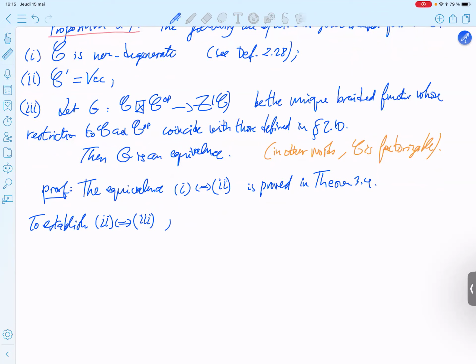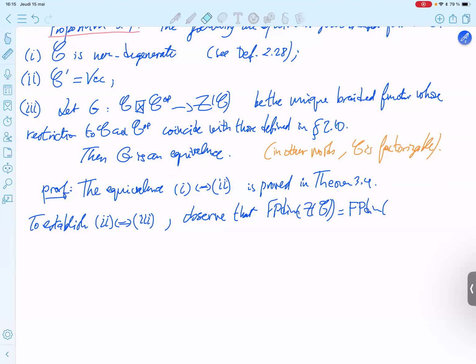So first, note that regarding Frobenius-Perron dimension, the Frobenius-Perron dimension of the center of C is equal to the Frobenius-Perron dimension of C squared.